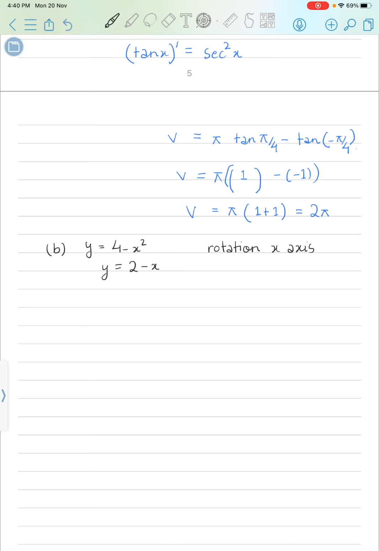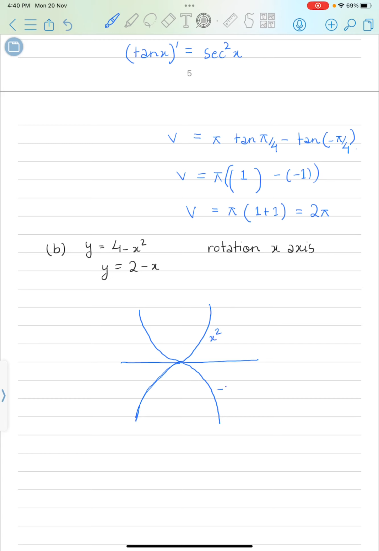Okay, so here let's draw the graph of it first. The x square graph is something like this. So the minus x square graph will be something like this, because this is just the negative of x square.